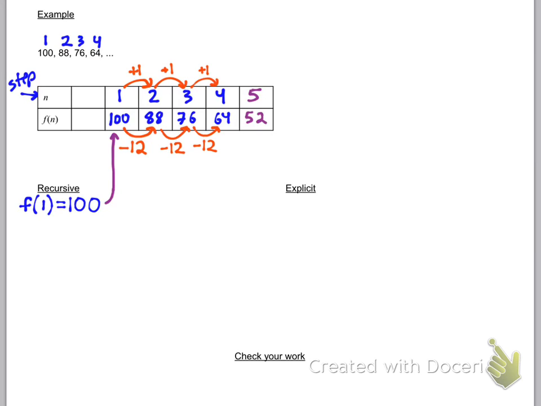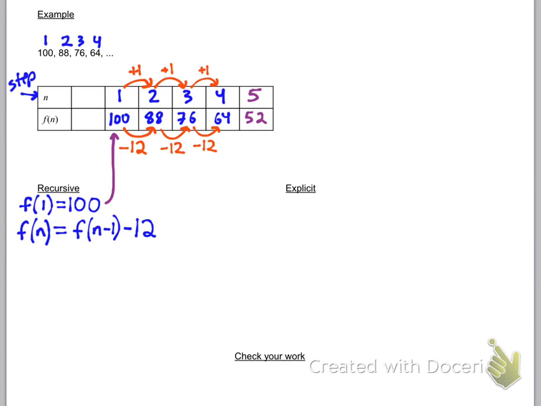Well, the first step is 100, and I got that from that column right there. So f of 1, the input is 1, the output is 100. Then we need to figure out f of n. And the way you do this is you write down it equals f of n minus 1, and then it's plus or minus whatever we're going up by. So here, this is minus 12 every time, so we're going to put minus 12.